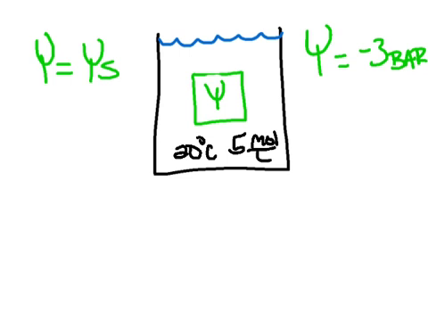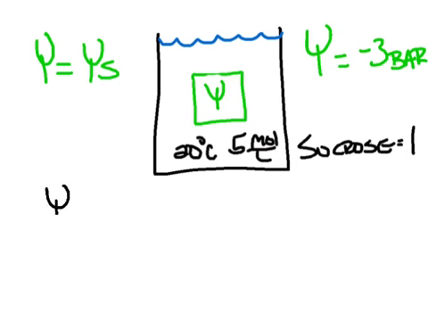Let's say the solution is sucrose, so we also know sucrose has an ionization constant of 1. Let's calculate this water potential for the solution in the beaker, and let's see which direction the water is going to move. You can pause this if you'd like to calculate it on your own. Otherwise, I'm going to go ahead and do it right now.